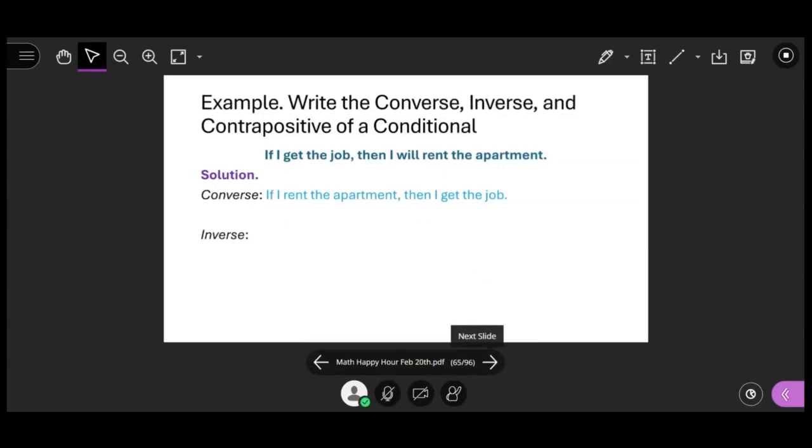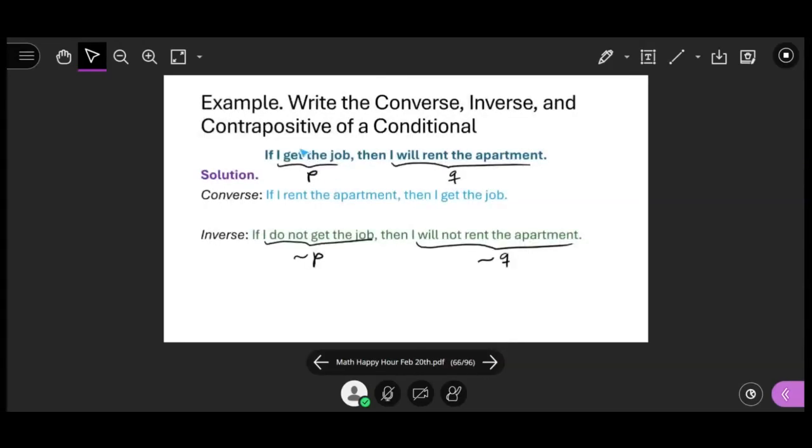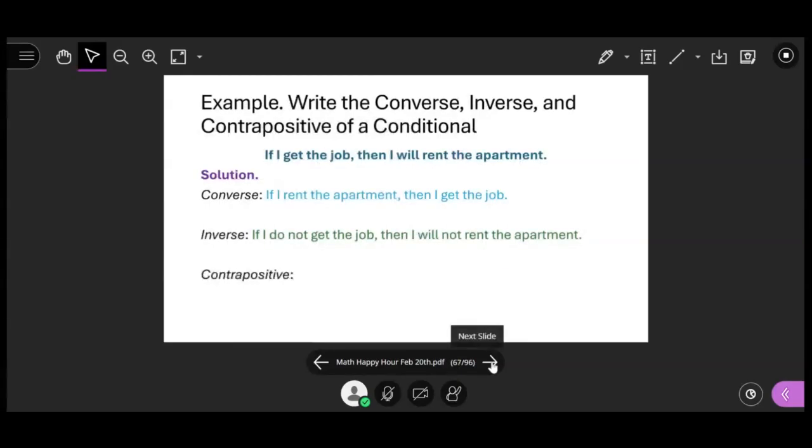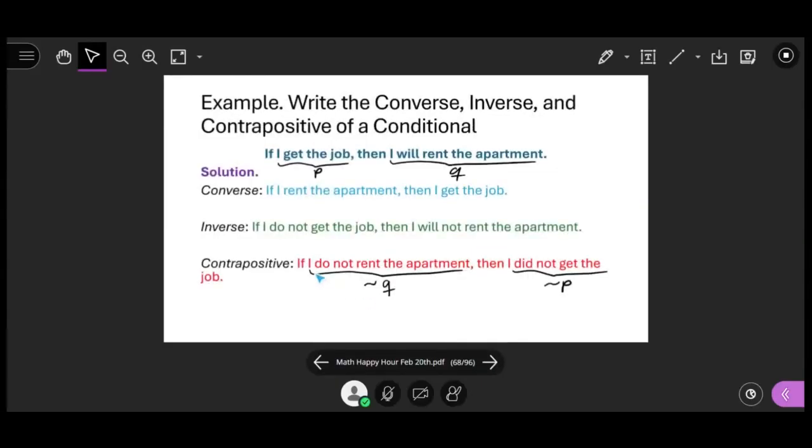The inverse, we do the negation of P and the negation of Q. So if I do not get the job, that's the negation of P, then I will not rent the apartment. That's the negation of Q. And then for the contrapositive, we're going to switch Q and P, but take the negations. If I do not rent the apartment, then I do not get the job.